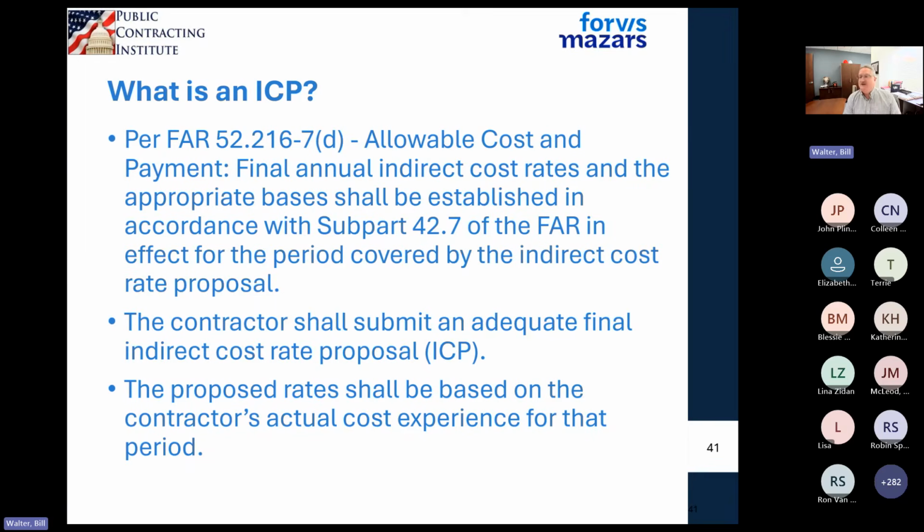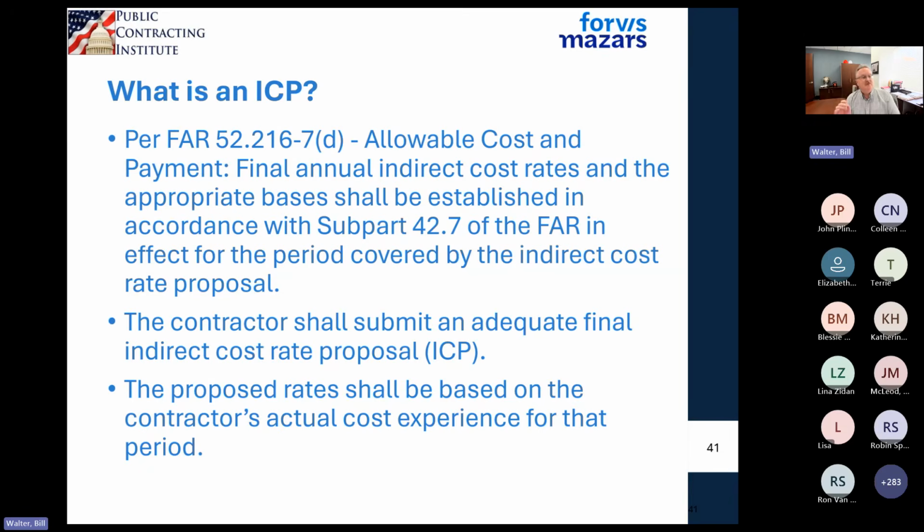It says, okay, we're awarding you this contract, and by awarding you this contract, you agree that 6 months after the end of your fiscal year, you will send us a summary of your indirect rates. You'll tell us what your actual indirect rates are, and we'll compare them to what you provisionally billed.